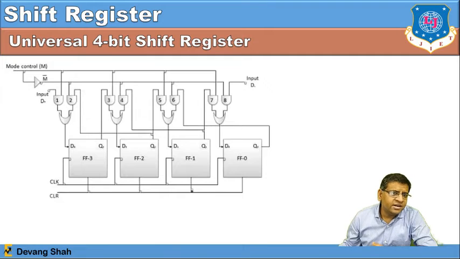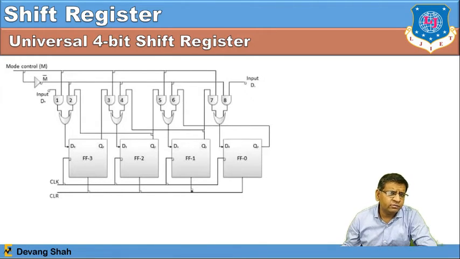If you want to design a kind of universal 4-bit shift register, this particular design can work as serial in, serial out, serial in, parallel out, parallel in, parallel out, and parallel in, serial out. That is also possible, right? So with this mode control, see, it's a simple design with two AND gates and one OR gate. You can design a universal 4-bit shift register.